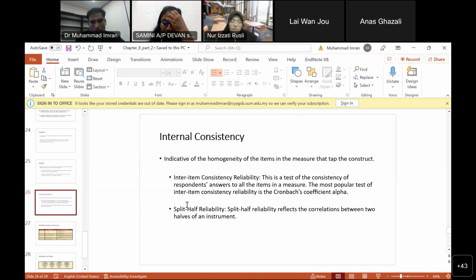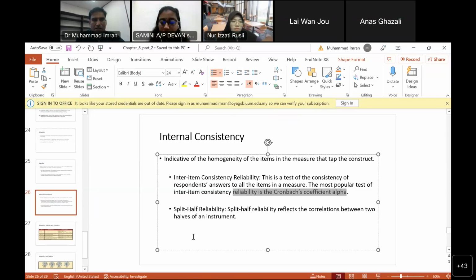The popular test of inter-item consistency reliability is Cronbach's alpha. Cronbach's alpha will tell you your items are different from each other but measure the same construct. Alpha value should not be less than 0.7, and not more than 1.